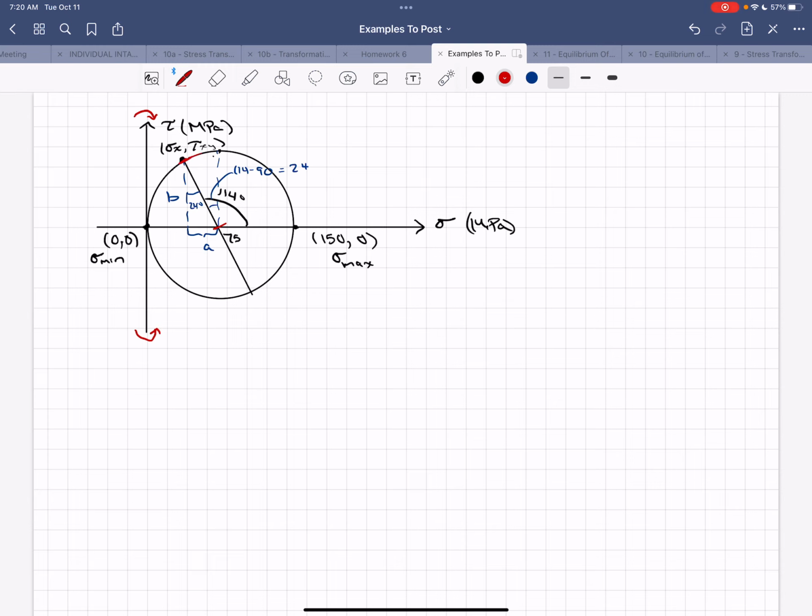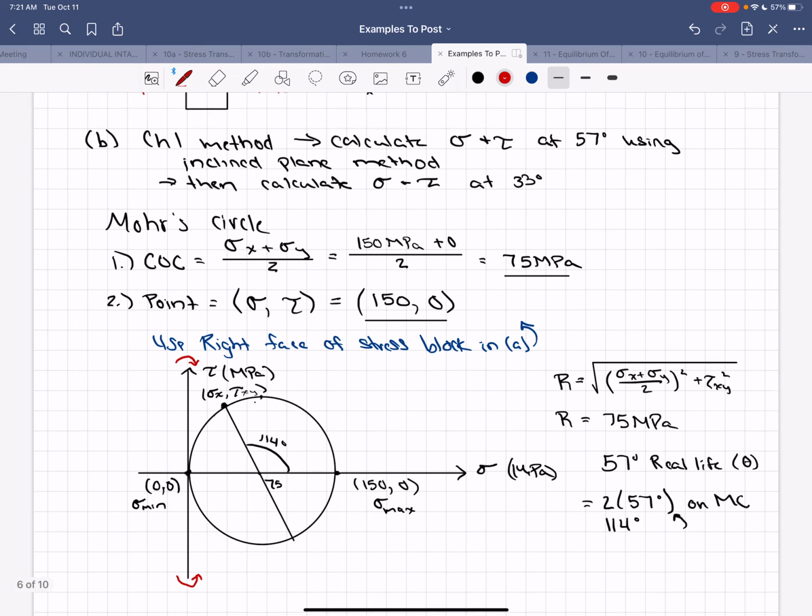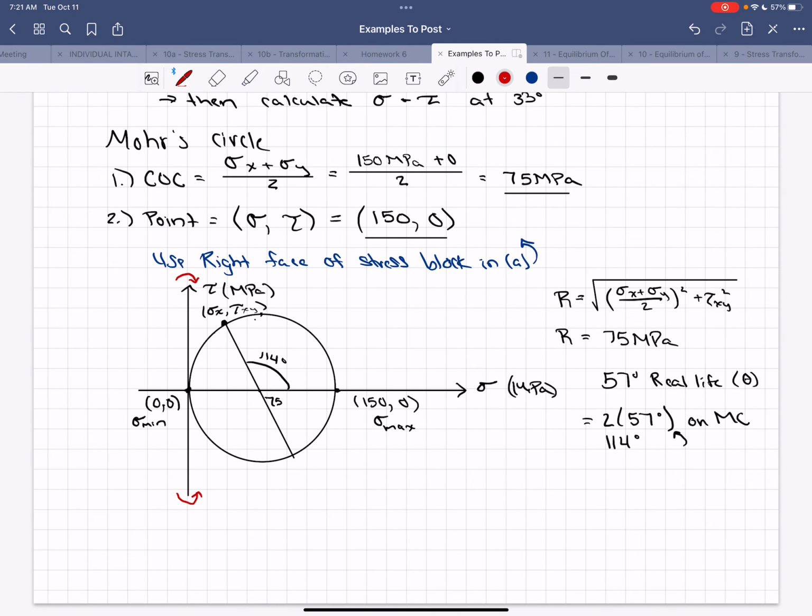So this is R along here, and we know the angle. So that way we can calculate what B and A are. Okay, so what was R? R was 75 megapascals.